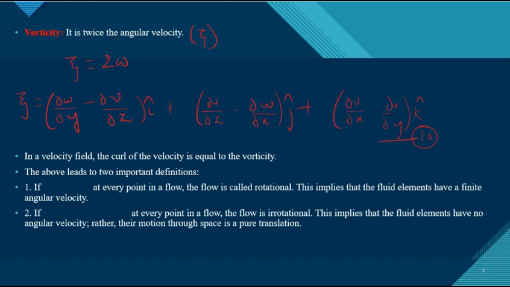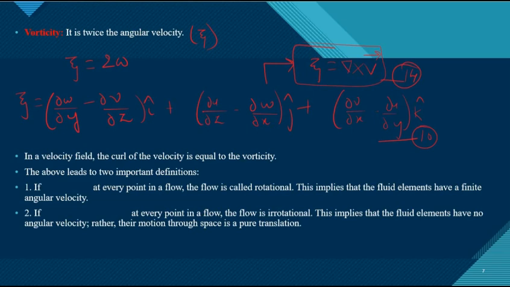Now, there is one definition that we have, the term called curl. From this equation 10, I can write its right hand side as this, which denotes the curl of a vector. Which means from this equation, can we say that curl of a vector is equal to vorticity?